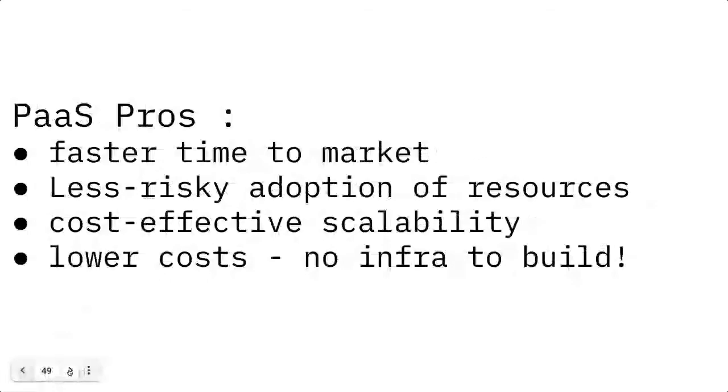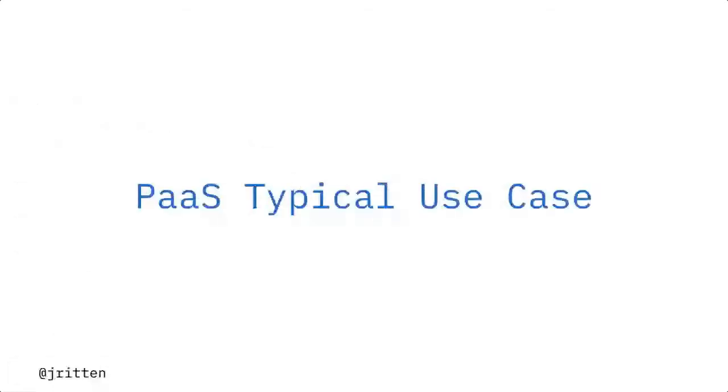So what does a typical platform as a service use case look like? There are a lot of different use cases for PaaS, including popular application-based ones. So API development and management. You can use PaaS to develop, run, manage, and secure your APIs and microservices.